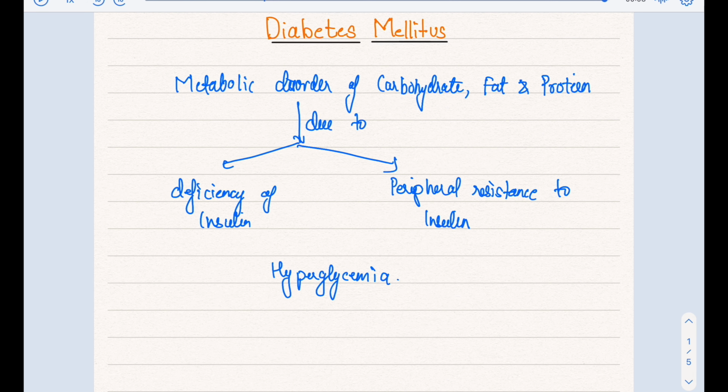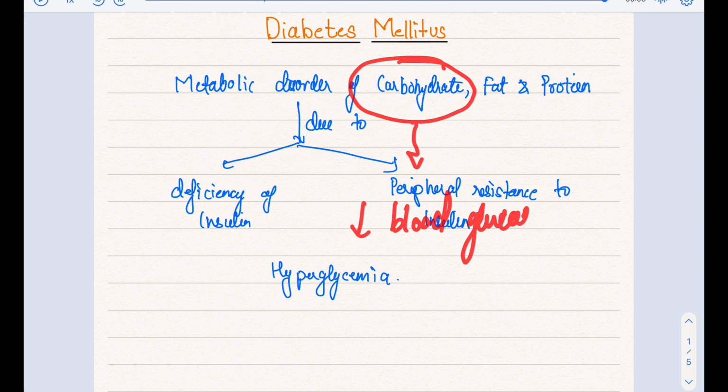So first, let's look into the function of insulin. What insulin normally does is decrease the blood glucose level. And how does it do that? By increasing the uptake of glucose by the peripheral tissues, which include your skeletal muscle and the adipose tissue.